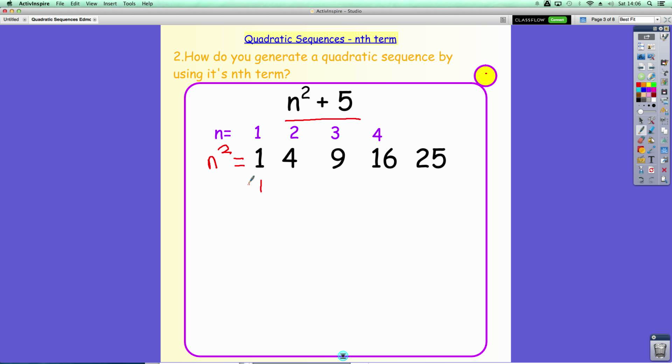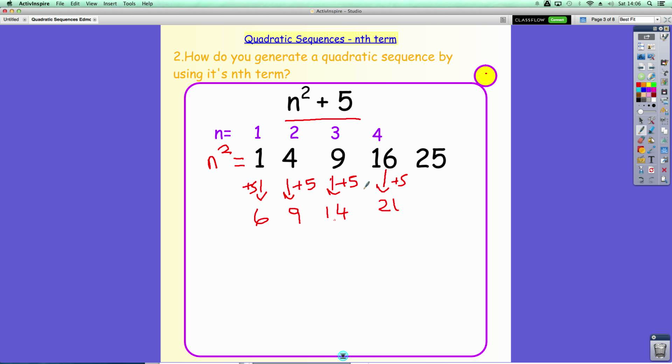So plus 5, 6, plus 5 is 9, plus 5 is 14, plus 5 is 21.